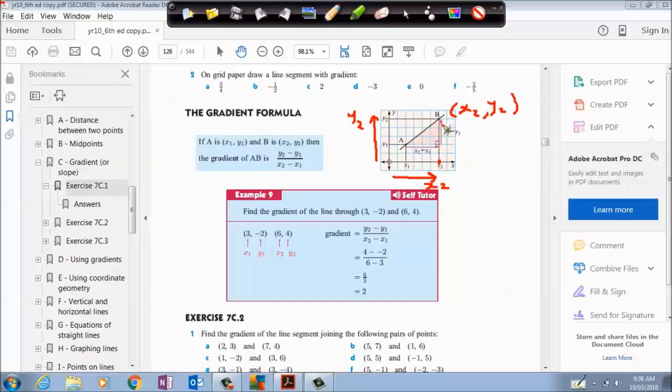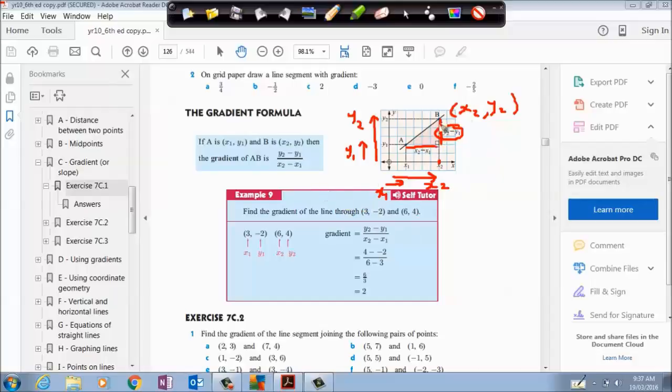So that means that the rise, which is this bit here, has to be the difference between the y2 and this point here, which is y1. If we look at the run, that comes from the difference between the x2 and the x1, which is this here, which we call the run.